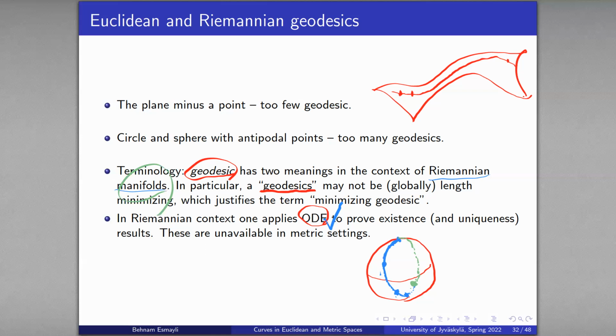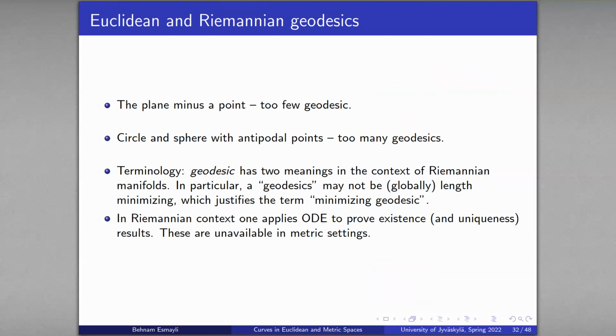It's only the global issues that need to be taken care of. Another difference is that the study of geodesics in Riemannian manifold theory uses a lot of ODEs and calculus of variations, but these tools are not available in a metric setting. Remember that you don't even have a proper derivative in the metric setting.